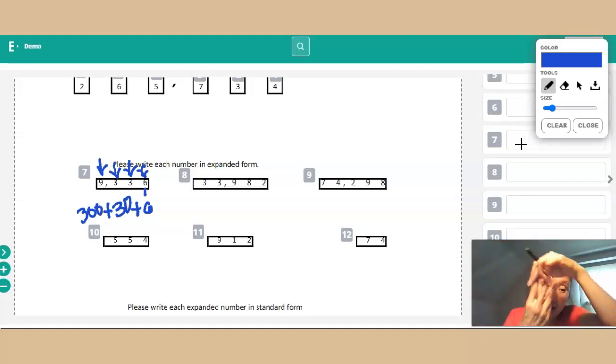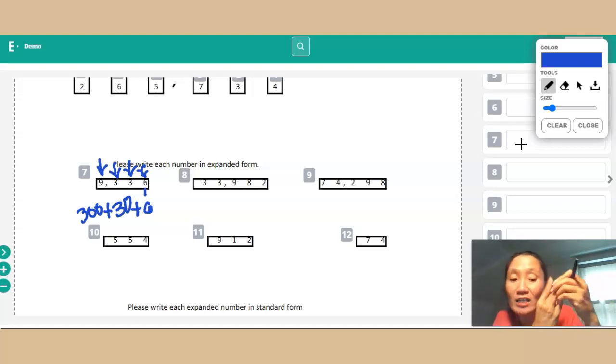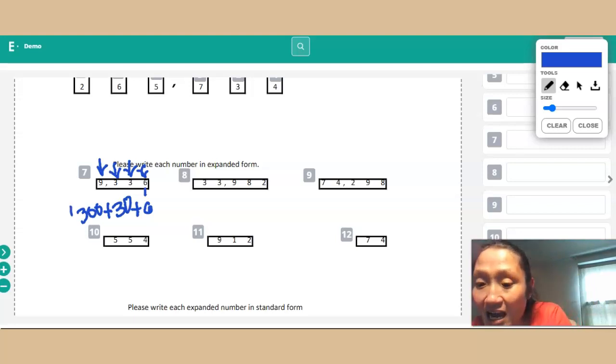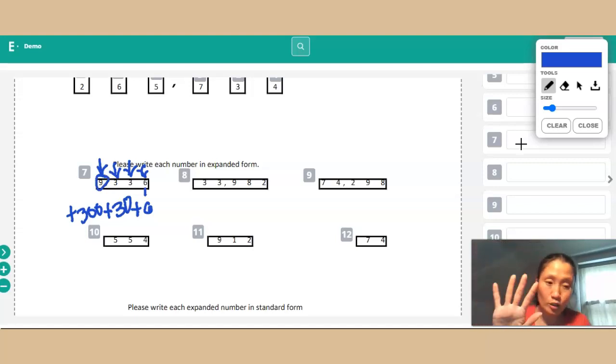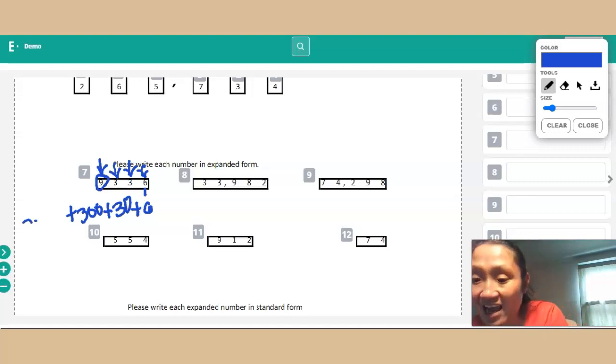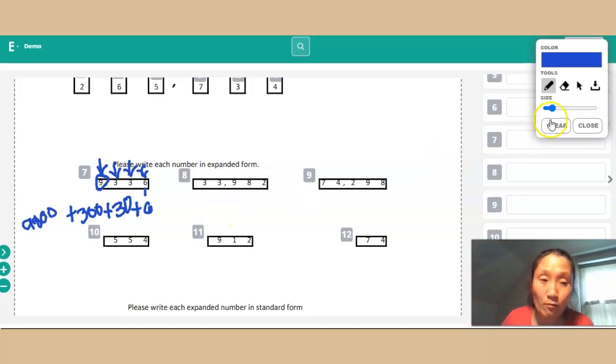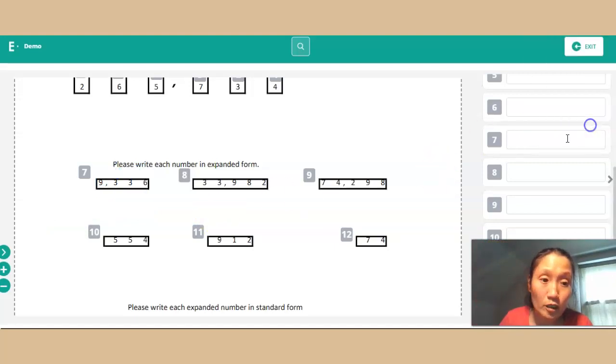My fingers are my groups. Now each finger is worth 100. So 100, 200, 300. And then I have 9 groups here worth 1,000. So I have 9 fingers, but each finger is worth 1,000. So that's worth 9,000.